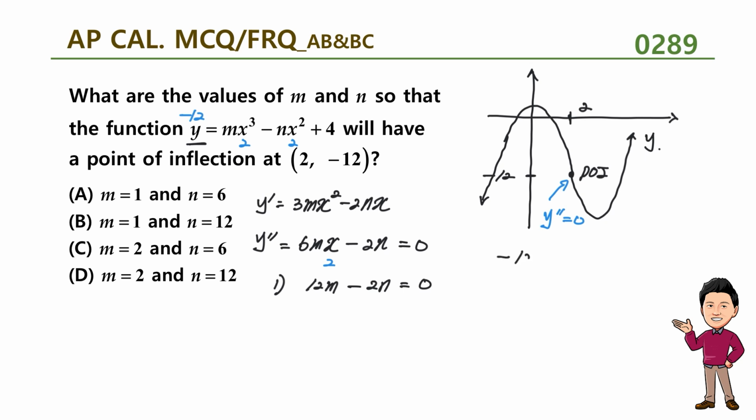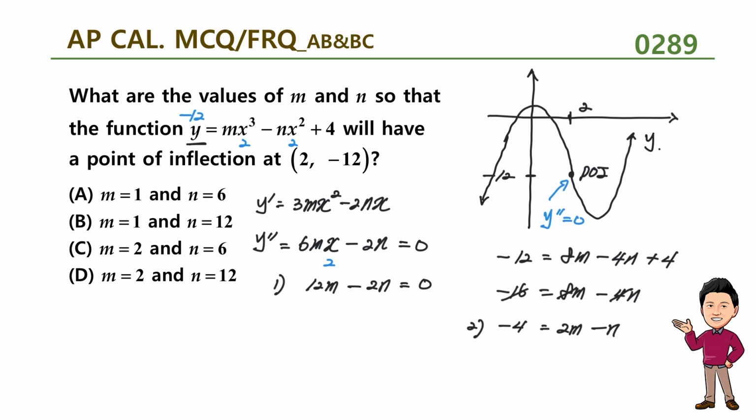So -12 is equal to m times 2 cubed, that's 8m, minus n times 2 squared, minus 4n, plus 4, right? So -16 is equal to 8m minus 4n. It's all divisible by 4, right? Divided by 4, -4 is equal to 2m minus n. So we have the second equation: -4 is equal to 2m minus n.